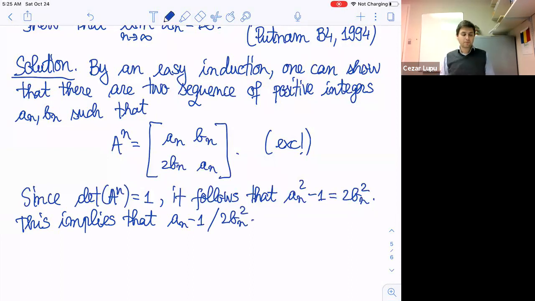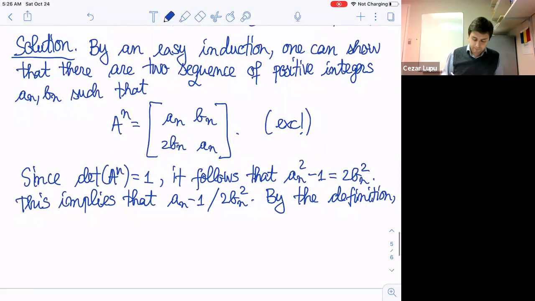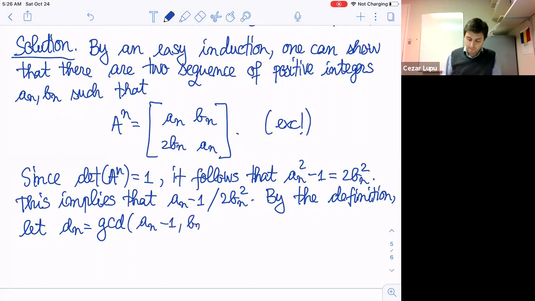Okay. So now by the definition, let d_n be the GCD of a_n minus 1 and b_n.